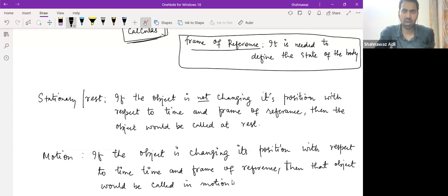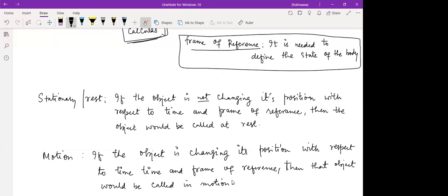So let's say that you are in a train, right? And the train is moving. So when you look outside the train at those trees, you will find that those trees are moving or at rest. Moving, sir.